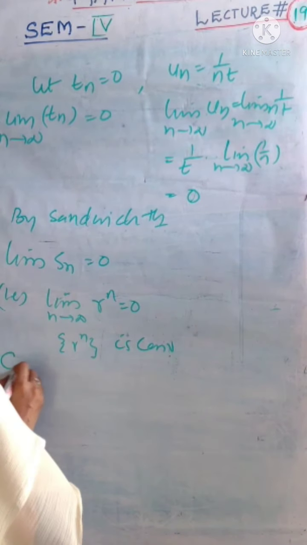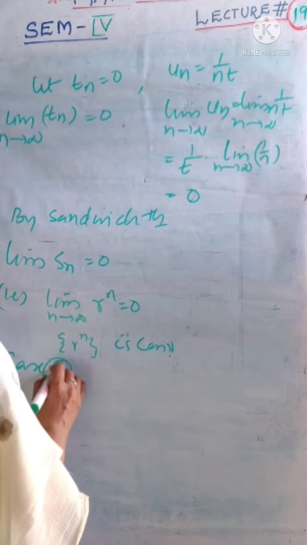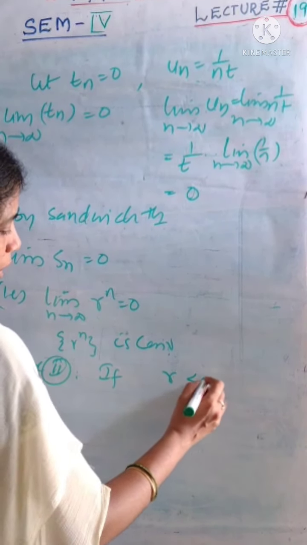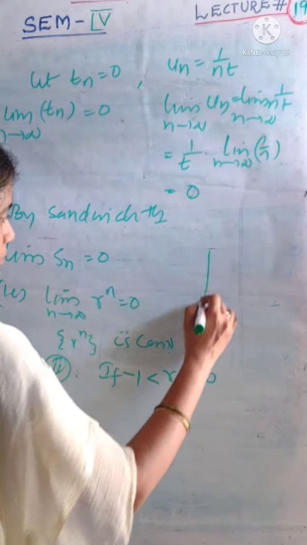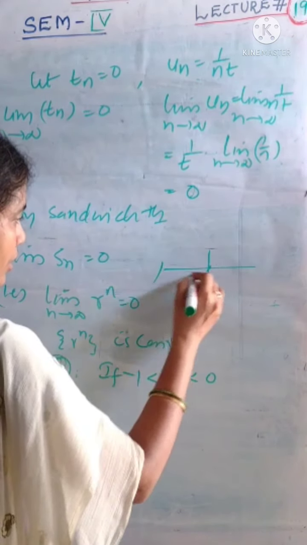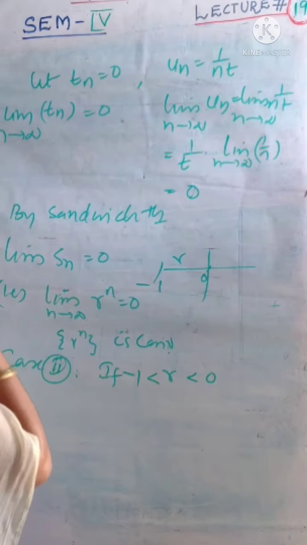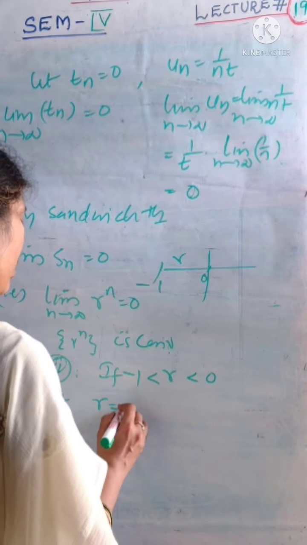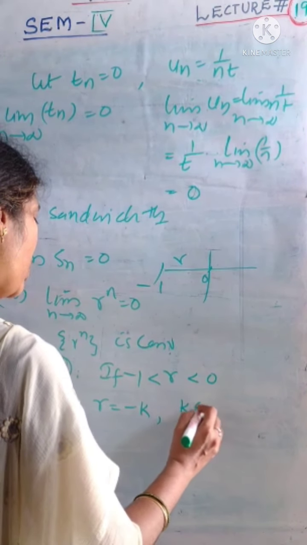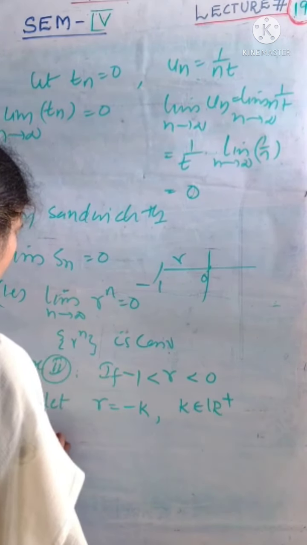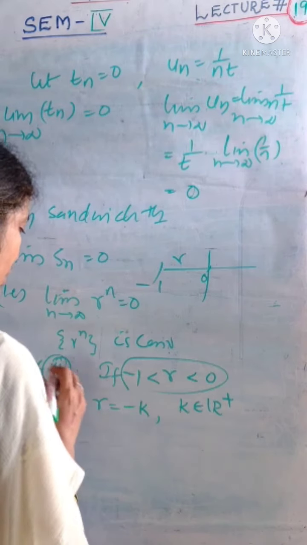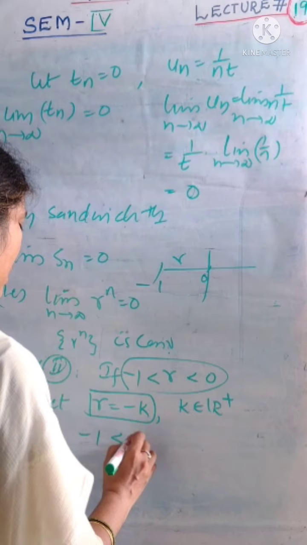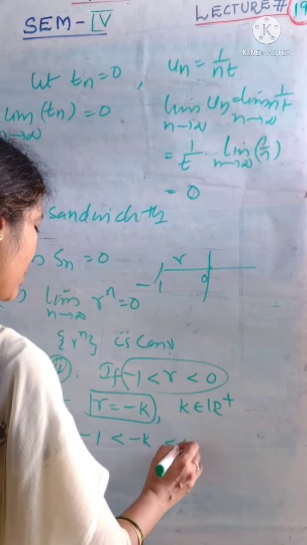Now coming to case 2. If r is in between 0 and minus 1, in this section 0 and minus 1, let us take the r value as minus k, where k is a positive real number. Then from the above inequality, minus 1 is less than minus k is less than 0.